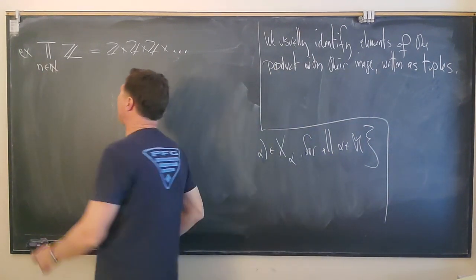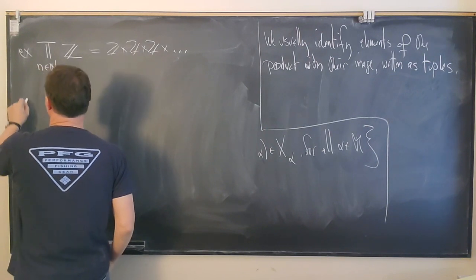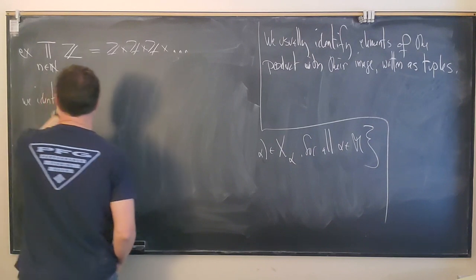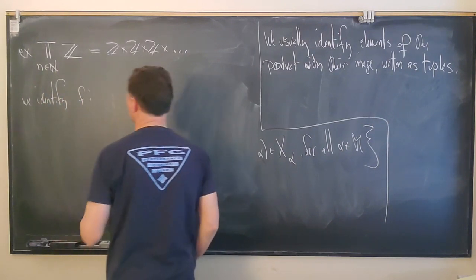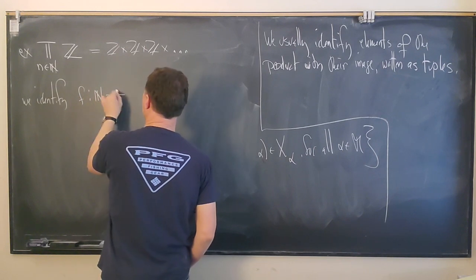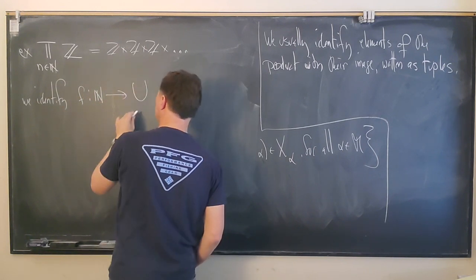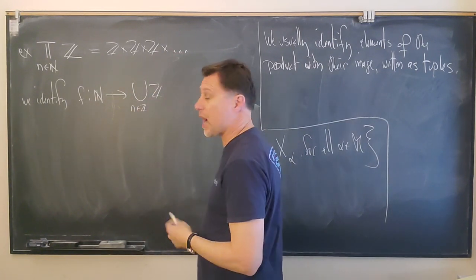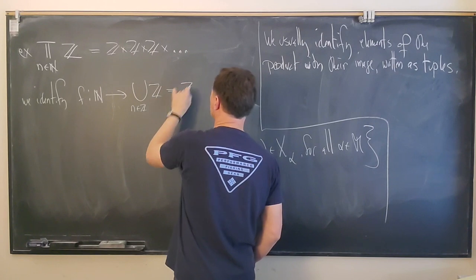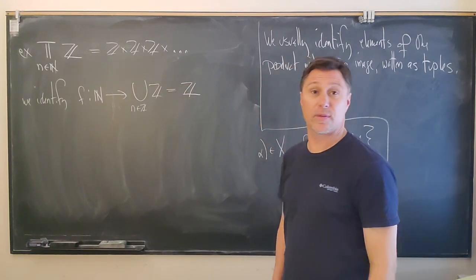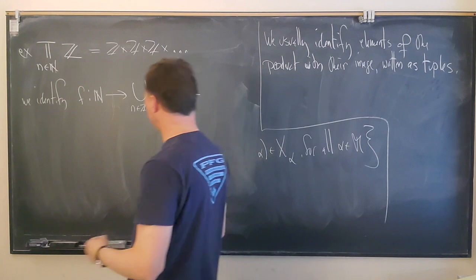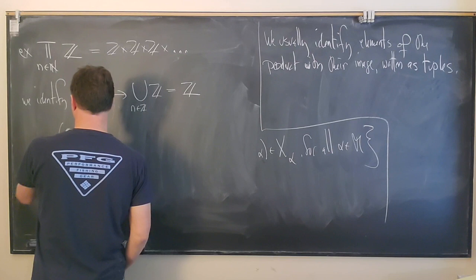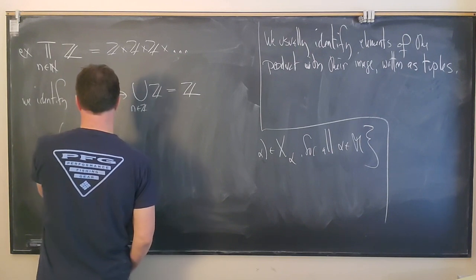So we usually identify the function f from the natural numbers to the union of a bunch of copies of the integers, which, by the way, is just the integers, with an infinite tuple n1, comma n2, comma n3, dot dot dot.